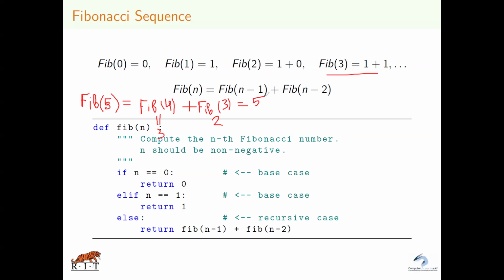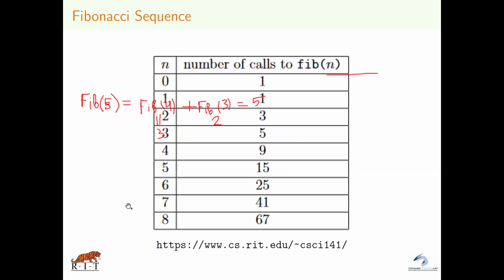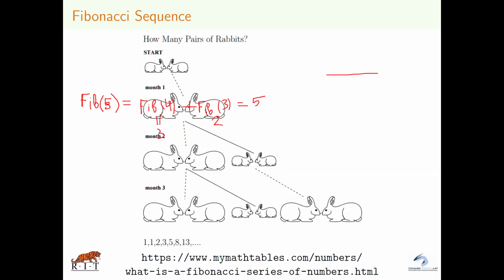Yeah, it will be Fibonacci of 5 plus Fibonacci of 4. I had these numbers on the previous slide. Like every next number is the sum of 2 previous ones. 8, then 5 plus 8, 13.